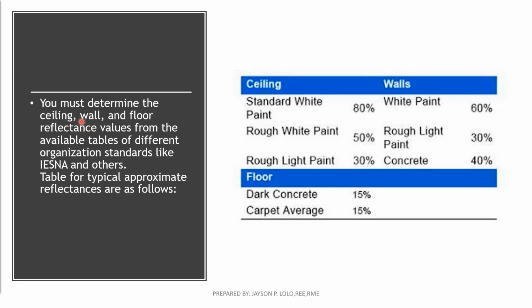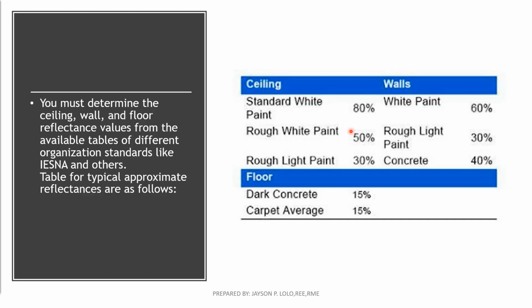So you must determine the ceiling, wall, and floor reflectance values. If your ceiling is in a standard white paint, you have 80%. If you have rough white paint for the ceiling, you have 50%. It depends on your painter or the paint you want to use for your lighting space.